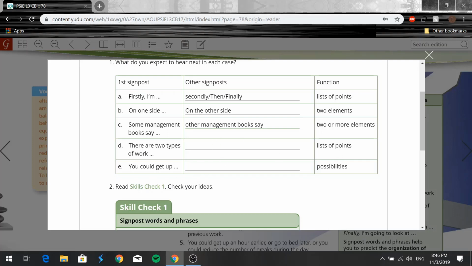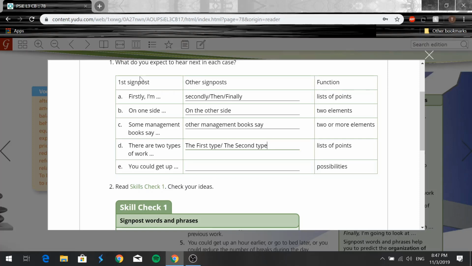So I'll say the first type, and I'll also say the second type, right? So there are 2 types of work. That means I'm also good. It's another signpost to list points. So I have the first type, the second type, and I could keep going if I wanted to, right?